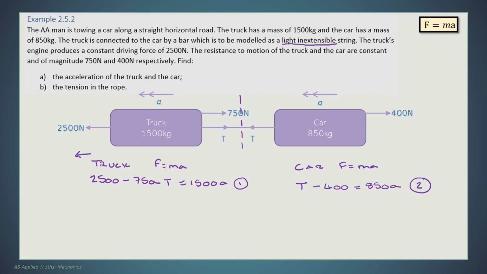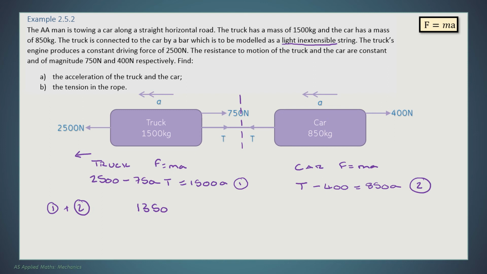If you haven't paused the video at this point, pause now and have a go at solving these two equations. I'm going to add them together. When we simplify all the numerical values, I've got 2,500, take away 750, take away 400, which is 1,350.